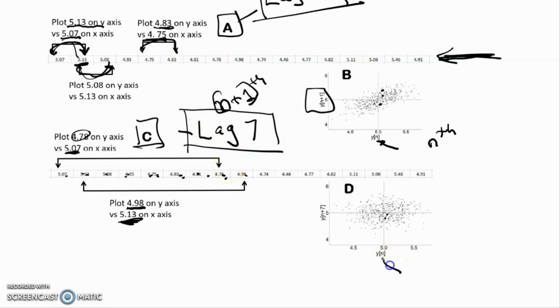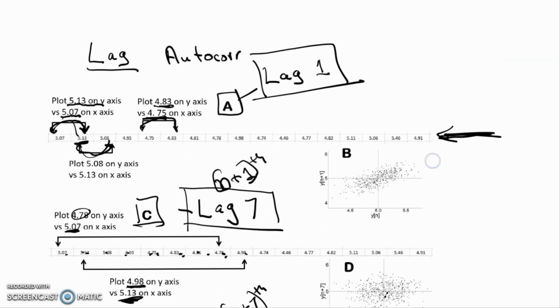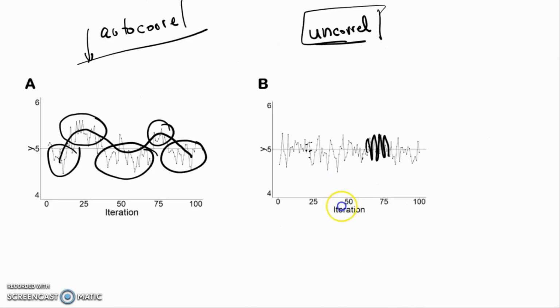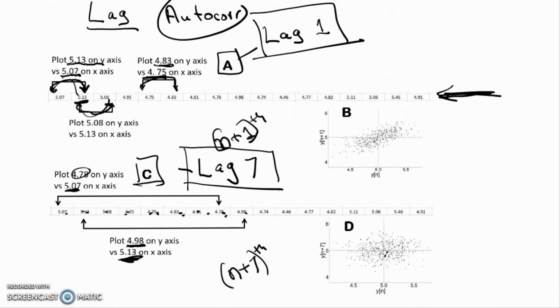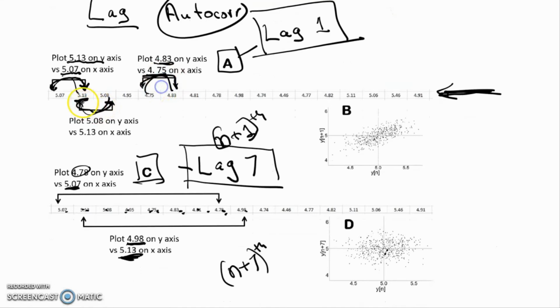So it means on the x-axis, we've got the nth observation, and on the y-axis, we've got the n plus 7th observation. Now, the pattern here is really quite important, because with autocorrelated data generated by the kind of process that I described up here, when you do just a lag of 1, the data are in fact quite strongly correlated.